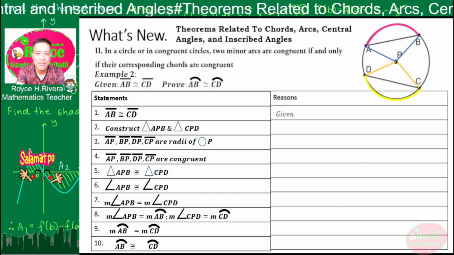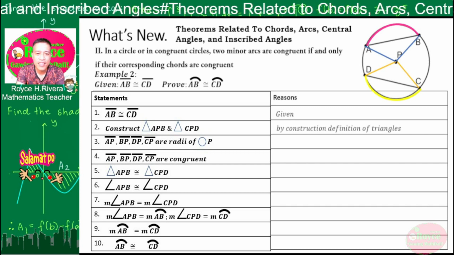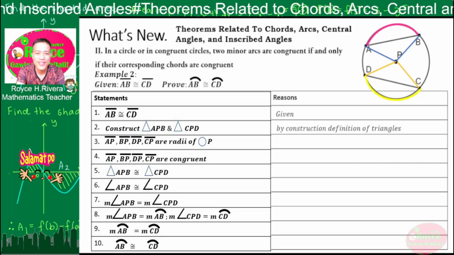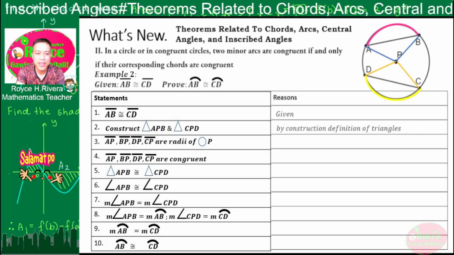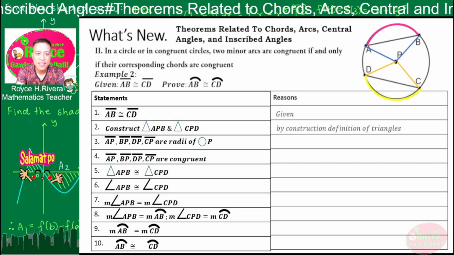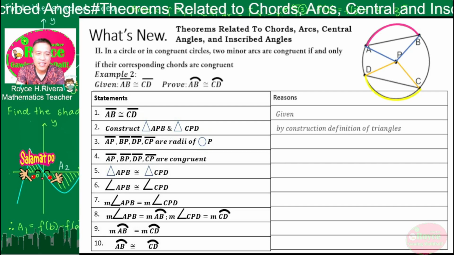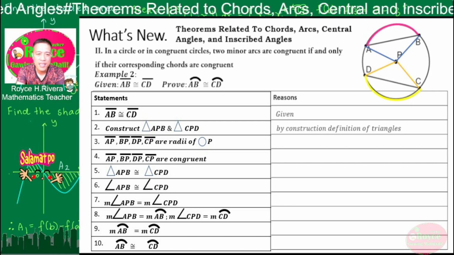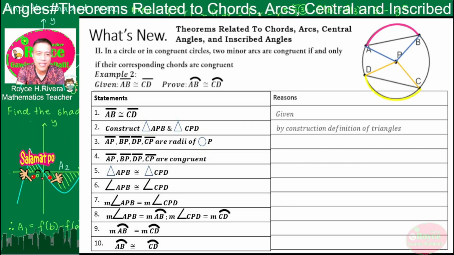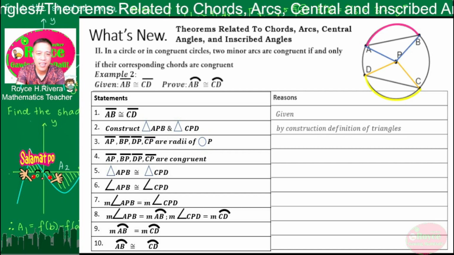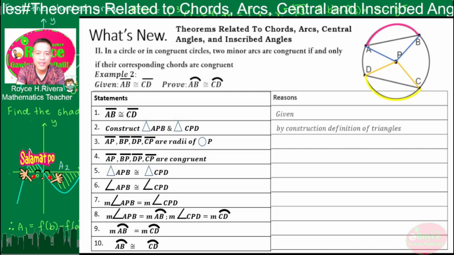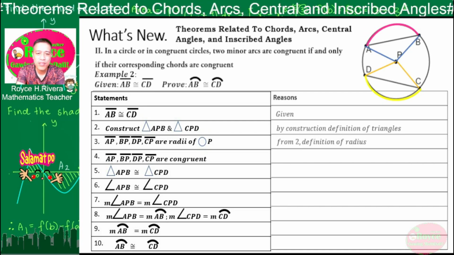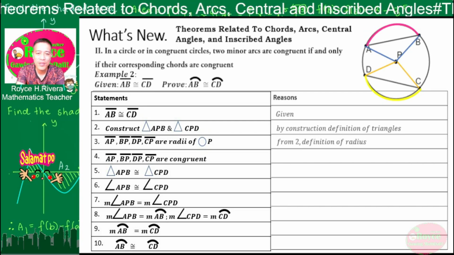For the reason, by construction, definition of triangle. Statement number 3. Segment AP, segment BP, segment DP, and segment CP are radii of circle P. For the reason, from statement number 2, definition of radius.